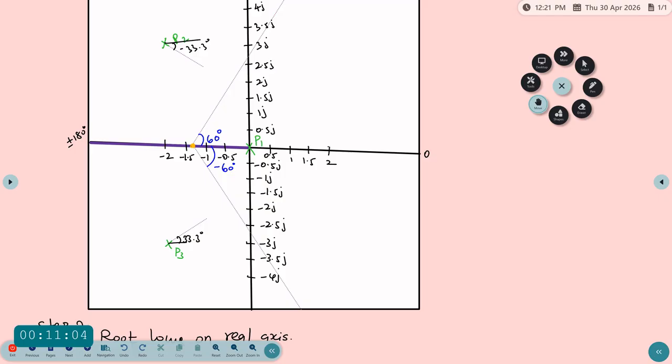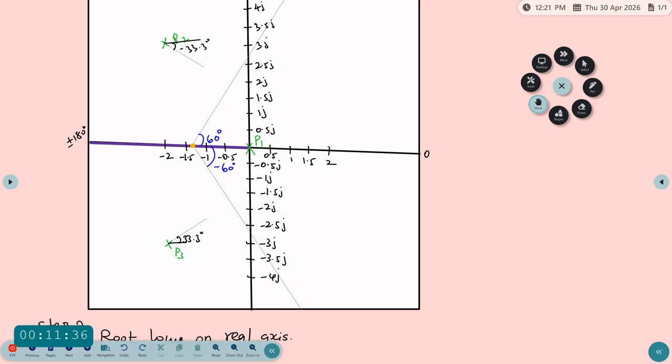The second root locus starts from P2, leaving at an angle of minus 33.3, and travels in parallel with the plus 60 degree asymptote. Similarly, the third root locus starts from P3, leaving at an angle of plus 33.3 degree, and travels in parallel with the minus 60 degree asymptote.